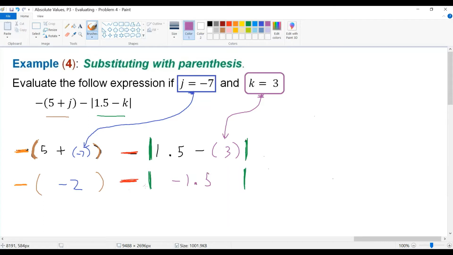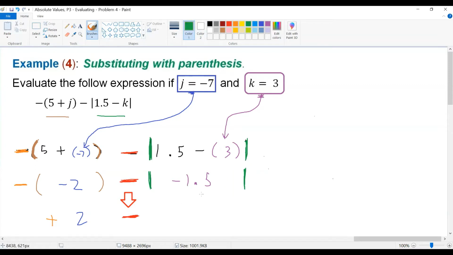So now we can start taking care of this parentheses and the negative in front. What this really says is, what's a negative times a negative? Well, this will give us a positive 2. We have to bring down this subtraction symbol before we can do anything else, because we still have to simplify the absolute values.